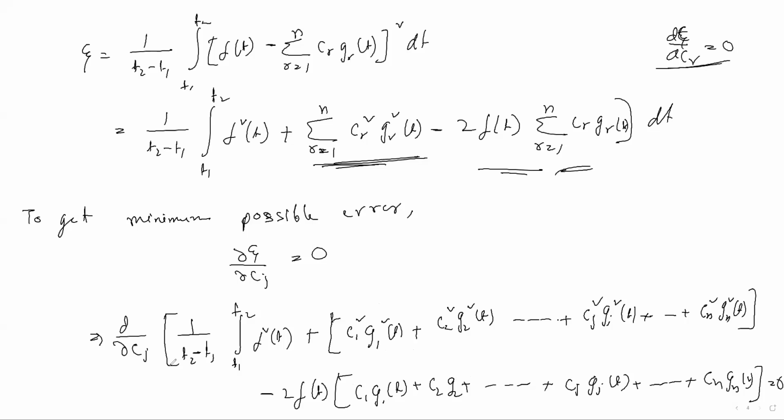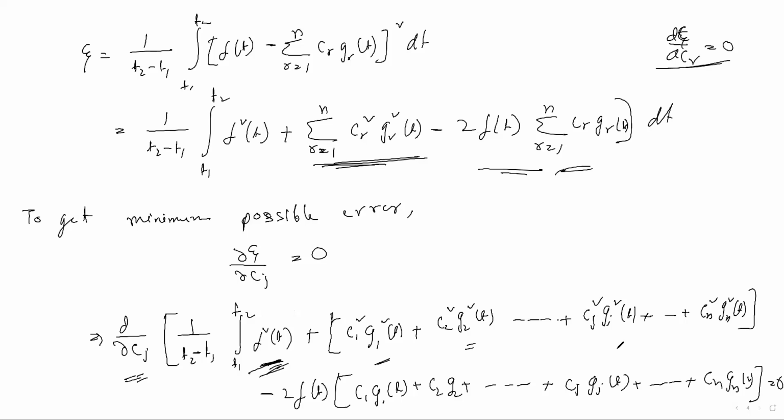Now when we take this differentiation, the derivative with respect to c_j inside this bracket, the integration goes over each of the terms. In the term f squared(t), there is no term called c_j, so it acts as a constant and gives 0. Every other term also acts as a constant and gives 0.